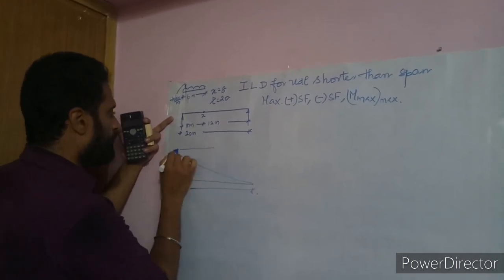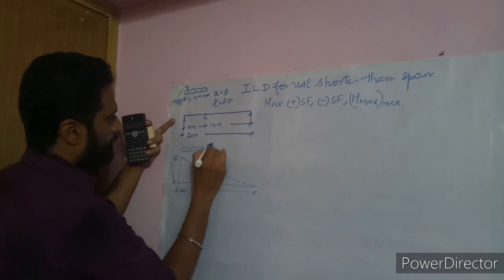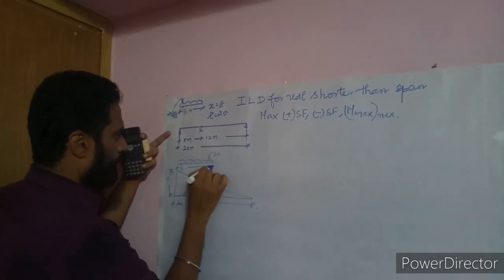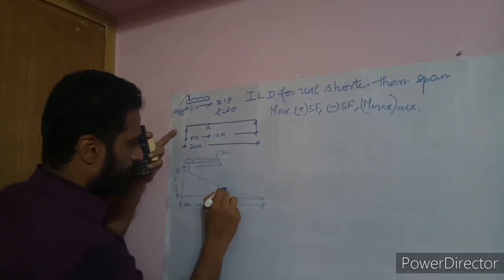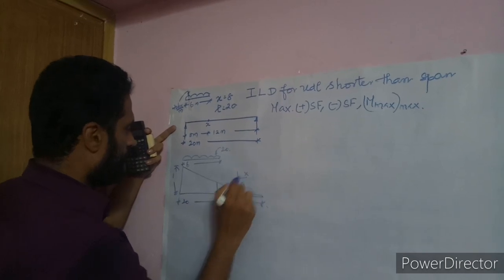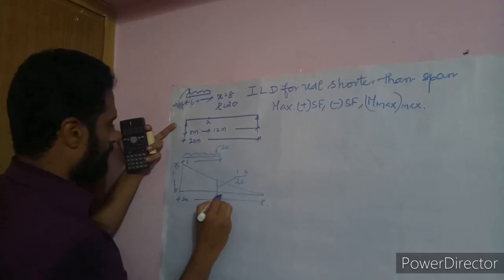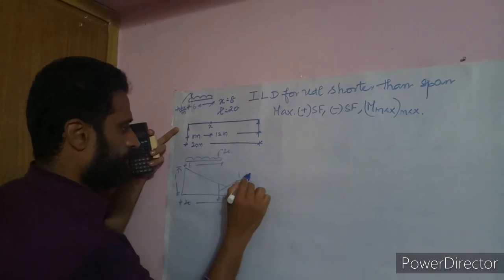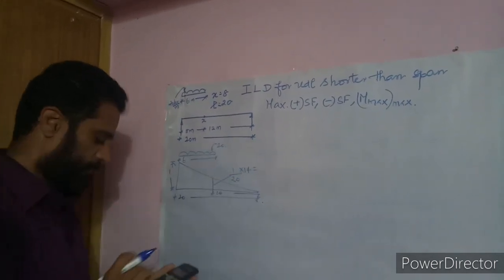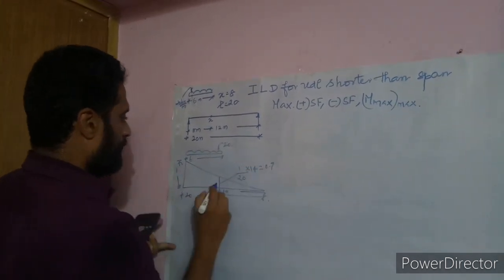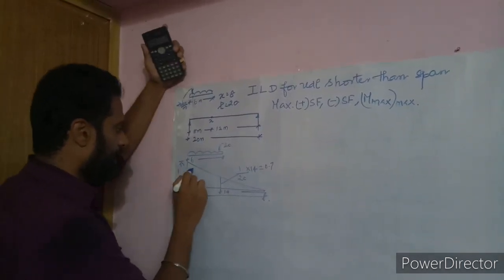Now I am superimposing the load here, which is 20 of span by 6 meters. So we need to find the intensity. We know the value for 20 meters it's 1. Then this is 6 and this one is 14. So for 14 meters, what is the value? 14 divided by 20, so the value is 0.7.